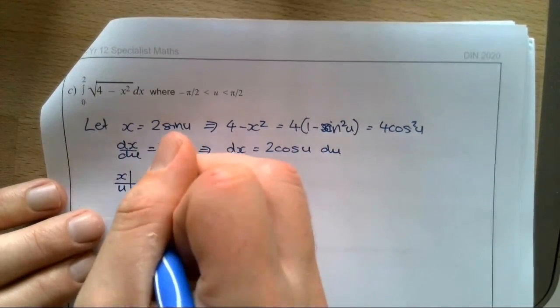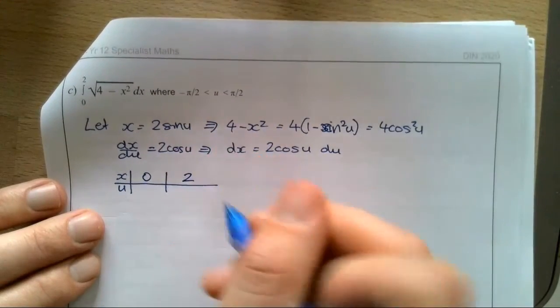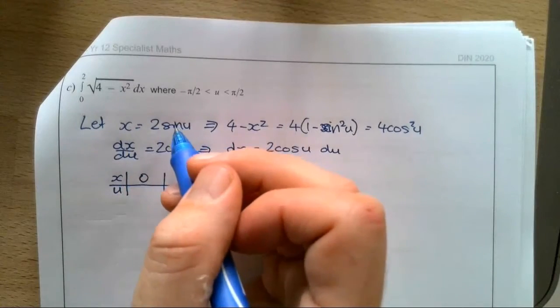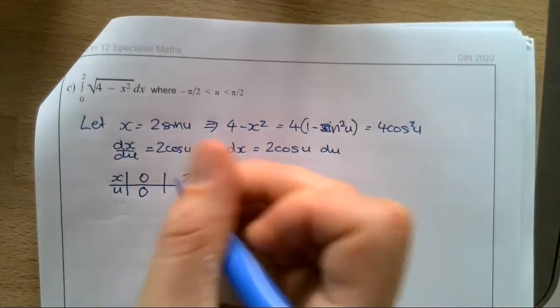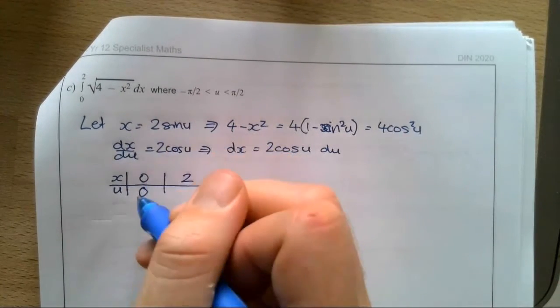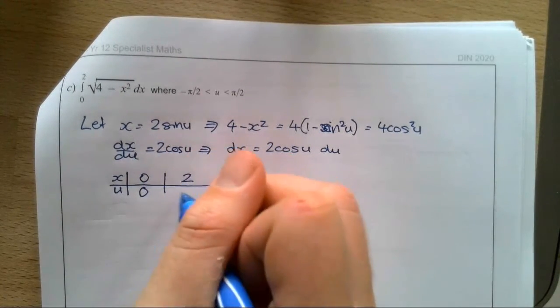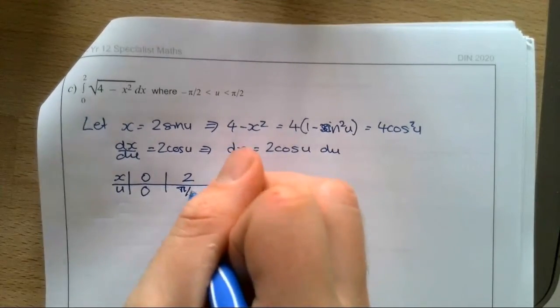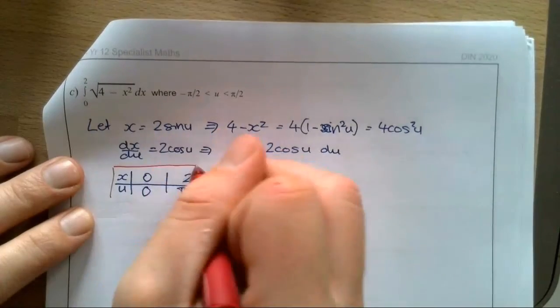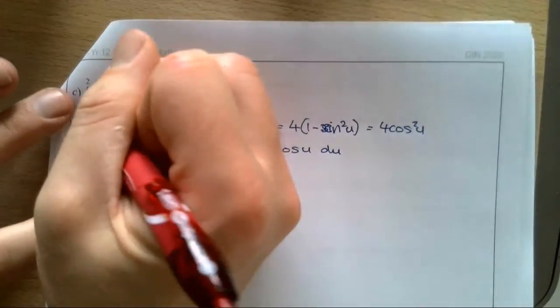So this is defined in terms of x, so x is 0 or 2, and we need to look at the function here. So if x is 0, sine must be 0, so u must be 0 as well. If x is 2, that means sine u is 1, which means u must be pi over 2. And so we've got our new limits.